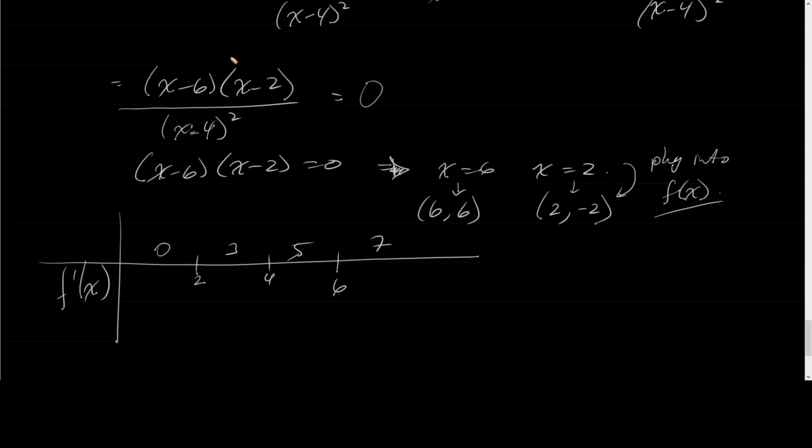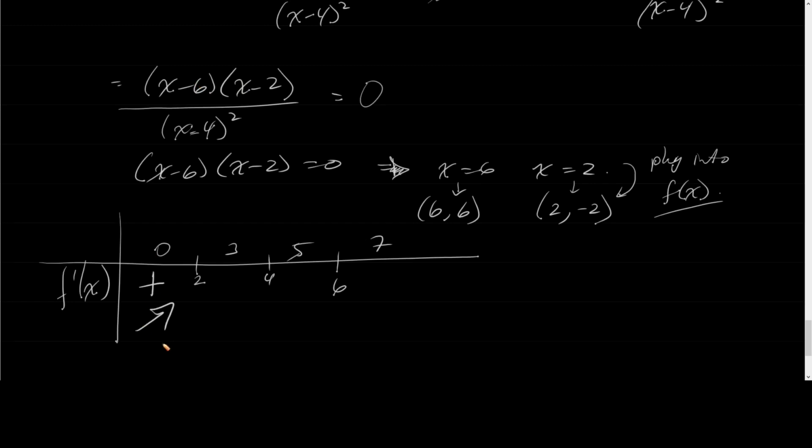Now let's look at f prime. This was the factored version of f prime. In here, the denominator is always going to be squared. Irrelevant of what happens on the inside, it's going to be squared, telling us that the denominator is always positive, which means that all we need to do is look at the numerator to see what's going on. So let's plug in 0. 0 minus 6 is negative 6. 0 minus 2 is negative 2. Negative 6 times negative 2 is positive, so it's increasing there.